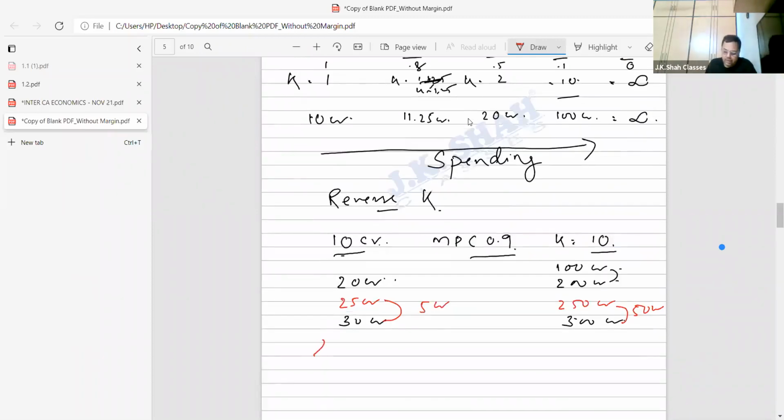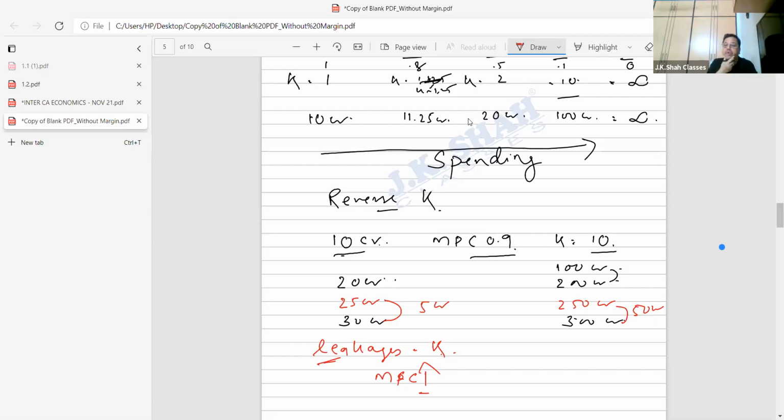There's another thing you may have to know, students. What are the leakages in the working of multiplier? Very easy. Pay attention. The multiplier we just studied may be high if MPC is high. So when they say leakages in the working of multiplier, what they actually want you to know is the reasons that MPC is not high.